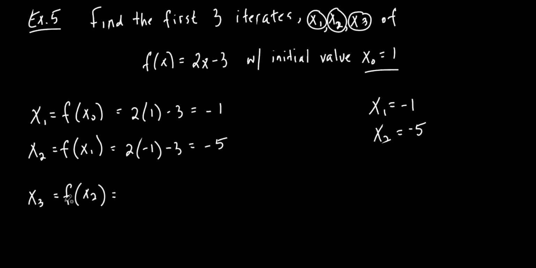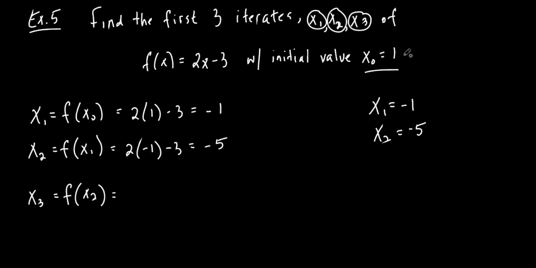And now what do you think we're going to do? In order to find x3, we go f of x2. Well, we just found x2, which is negative 5. So guess what we're going to do? Take that answer and put it into here. Do you see what we're doing? We just start off with that first one, we plug it in, then we get an answer, we take that answer, we plug it back in, you get an answer, you take that one and plug it back in. You can keep doing that as many times as they ask, right?